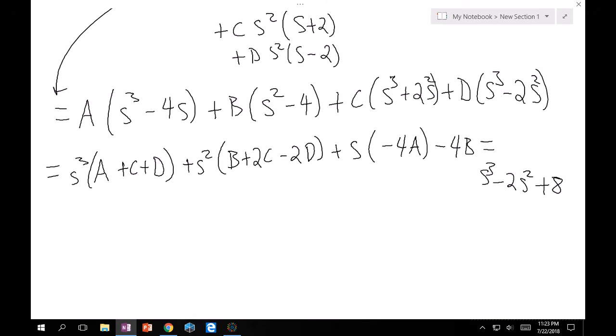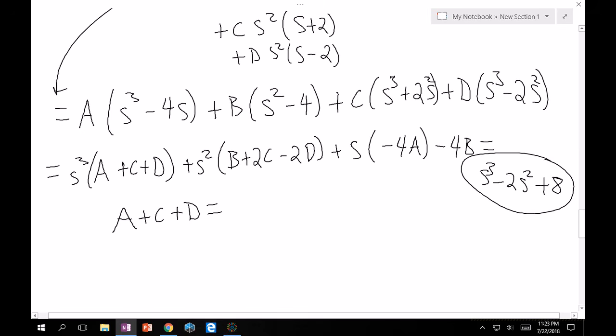All you have to do from here is match coefficients, right? So what this is saying is that a plus c plus d has to equal the coefficient in front of the s cubed on the right-hand side, which is equal to 1. Equivalently, b plus 2c minus 2d has to equal what's on the right-hand side for the s squared, which is equal to minus 2. For s, that means minus 4a.